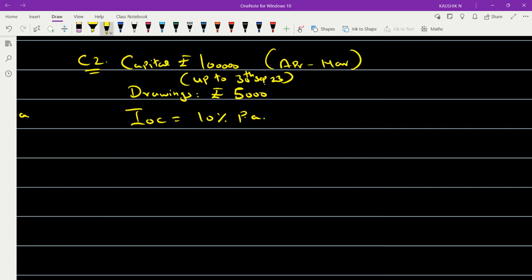You have done drawings of rupees 5,000, and this drawings was done on 1st October 23. Now tell me how to calculate the interest on capital.